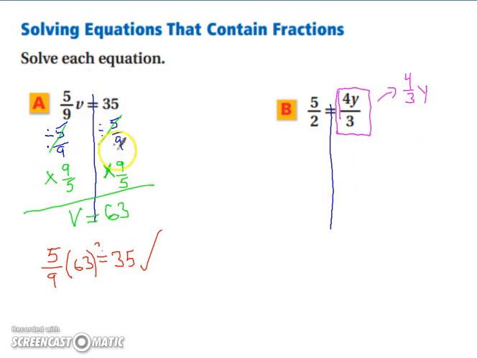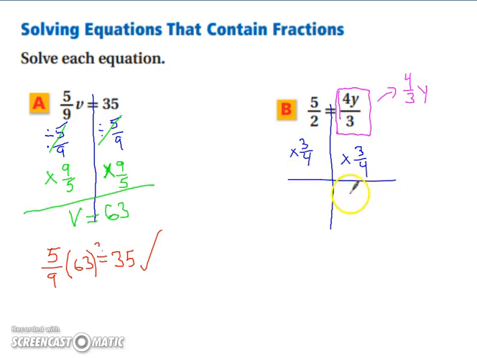Just like the one on the left-hand side, we're going to multiply by the reciprocal because we're dividing by a fraction. So we're going to multiply both sides of the equation by 3/4. Remember, reciprocal just means you're flipping your fraction upside down.